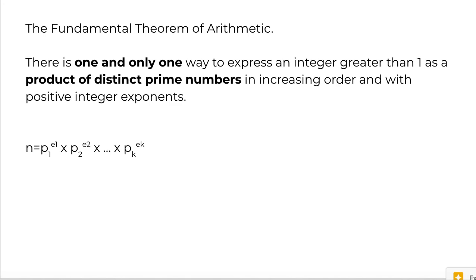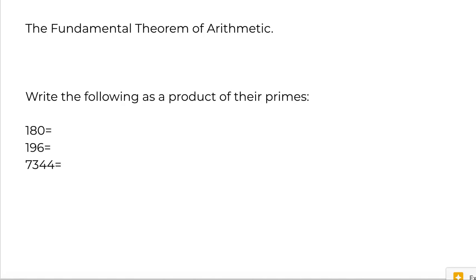We defined the fundamental theorem of arithmetic. That is, there is only one way to express an integer greater than 1 as a product of distinct prime numbers in an increasing fashion with positive integer exponents, where you wrote n as p1 raised to e1 times p2 raised to e2 times, and it goes on till pk raised to ek.